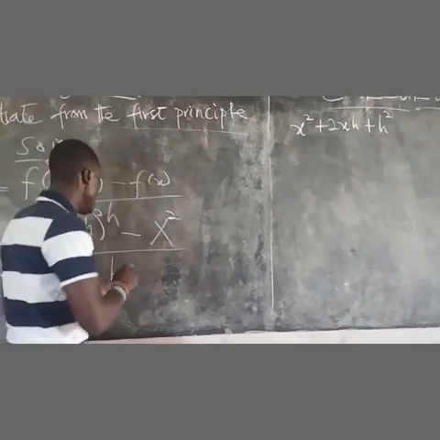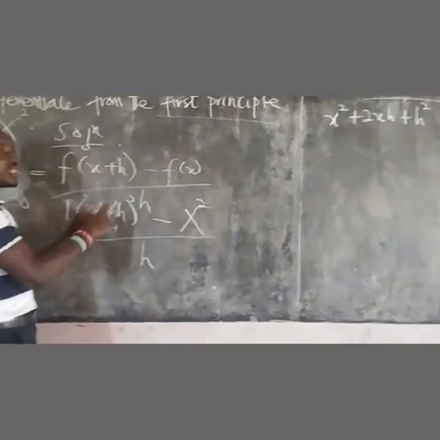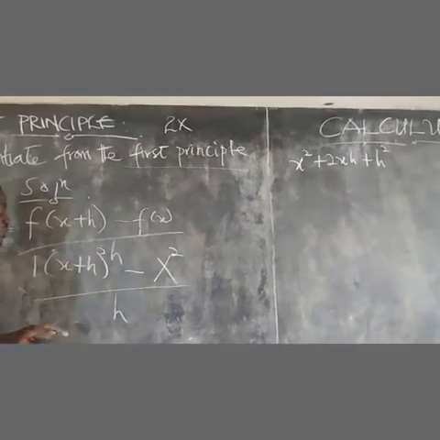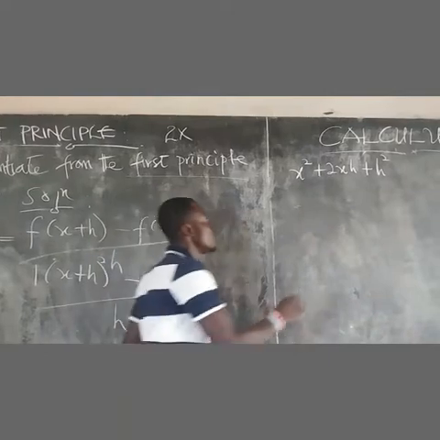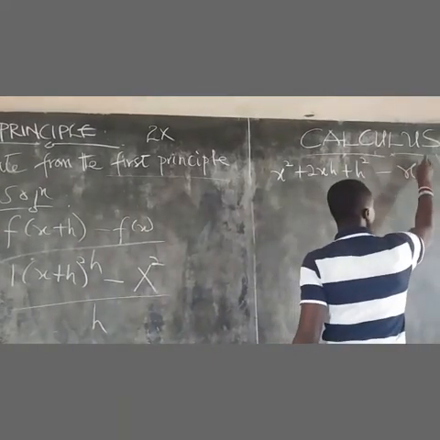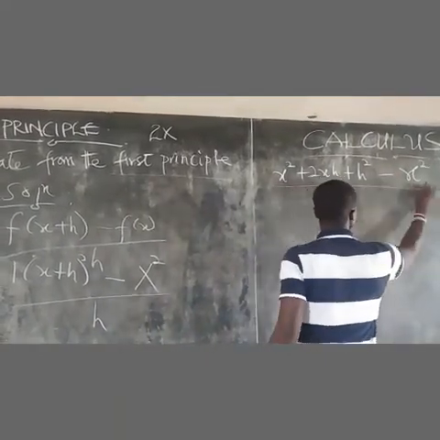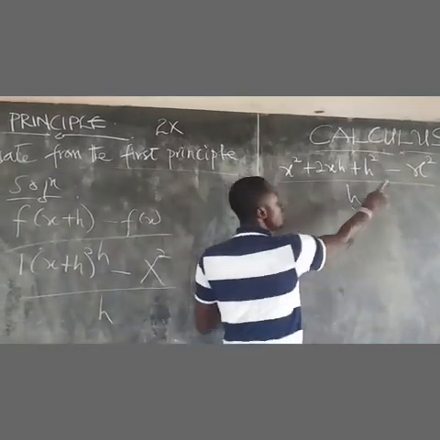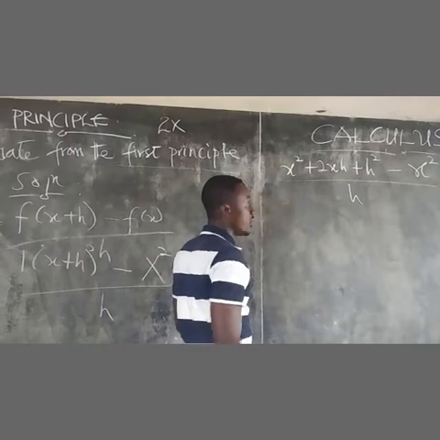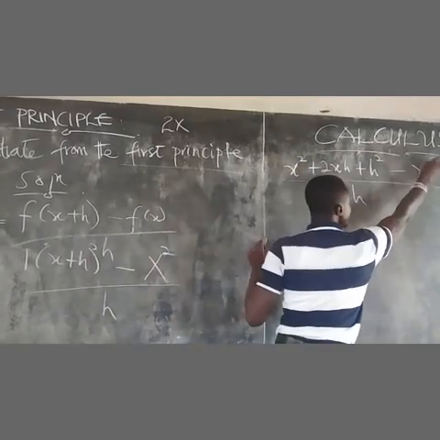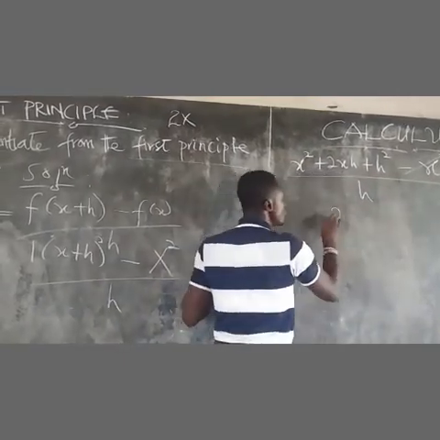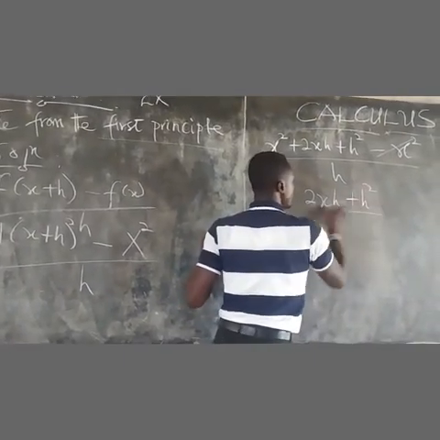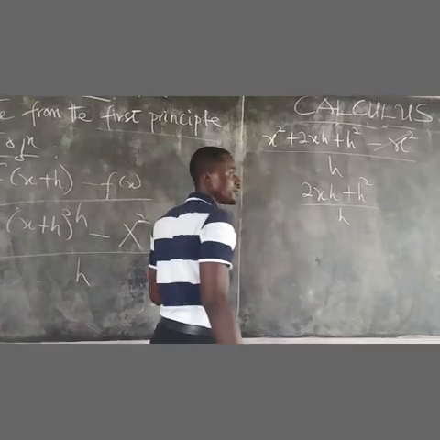So let's continue. The whole of x plus h exponent 2 will give us x squared plus 2xh plus h squared minus x squared, all divided by h. Once again, we have x squared and negative x squared, so this will cancel this, leaving us 2xh plus h squared all over h.